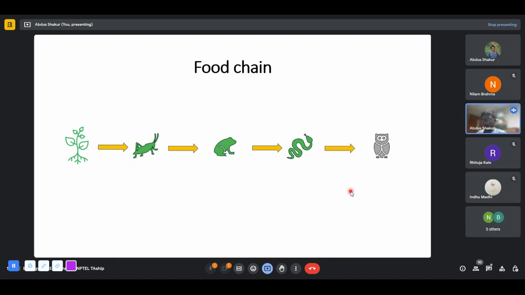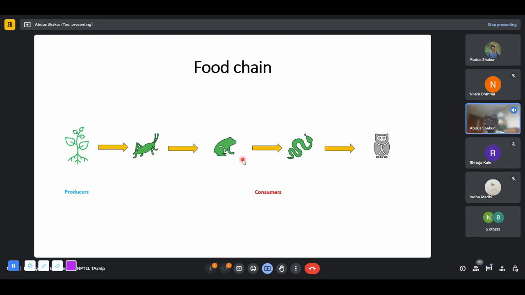Coming to the concept that we might have read about in earlier school days, a food chain is nothing but a graphical representation of how food is transferred across. We have producers, the ones that produce food, and then the consumers that just eat.